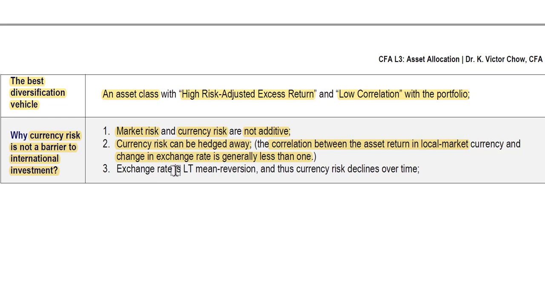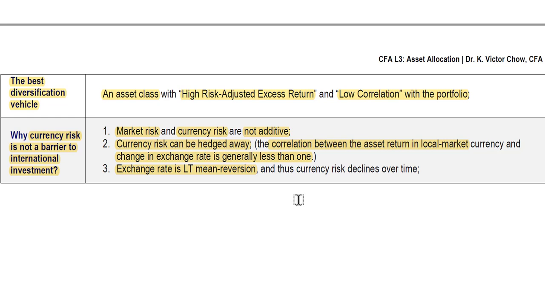More importantly is number 3. Since you're holding the portfolio for a long-term purpose, we know that all exchange rates are a mean reverting process. So it will go up and down and up and down, but it always moves toward the mean.